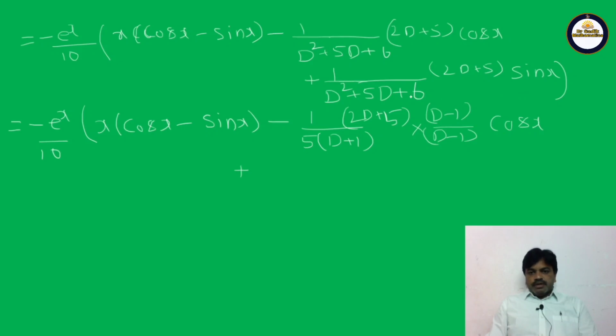We get here 5d plus 5. Taking common 5, we get 1 by 5, d plus 1. Here also we need d square, so multiply with the rationalizing factor, (d minus 1) by (d minus 1) into sin x, bracket close.